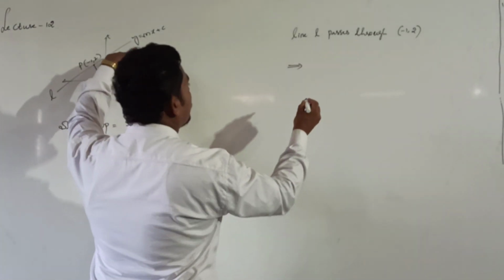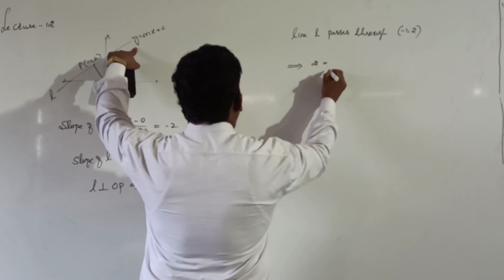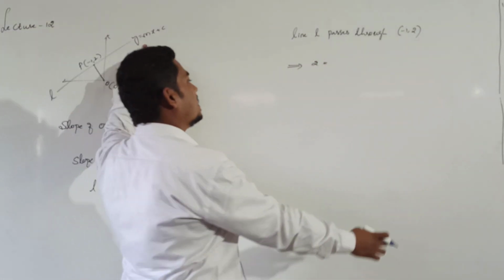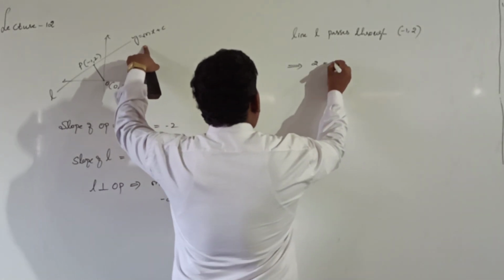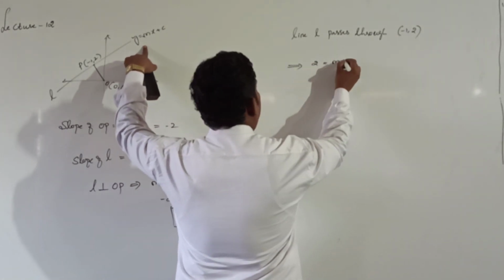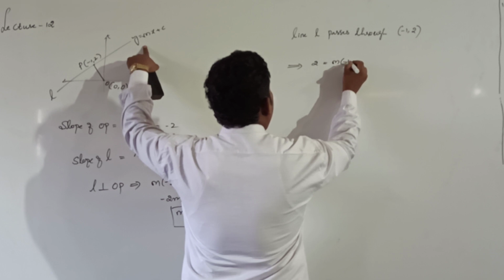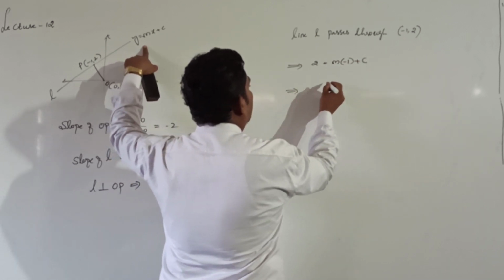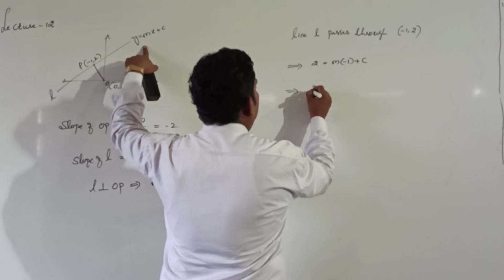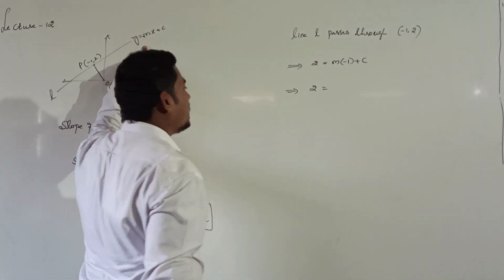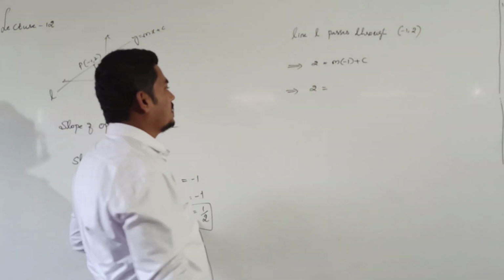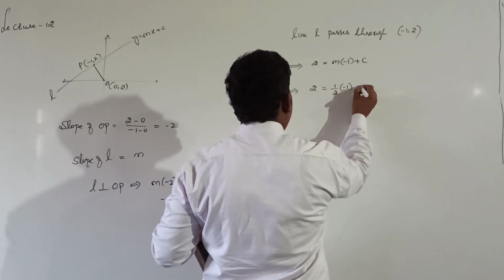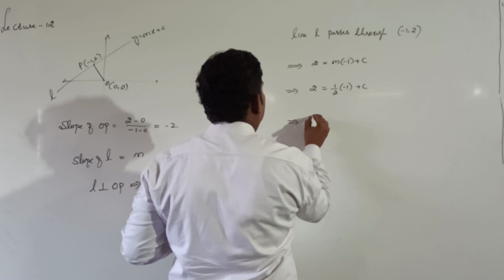Then this equation becomes 2 is equal to m times (x value minus 1) plus c. Then usual simplification: 2 is equal to, already you have the m value, that is 1 by 2, times minus 1, plus c.